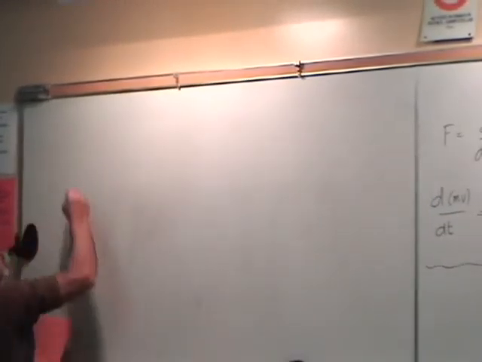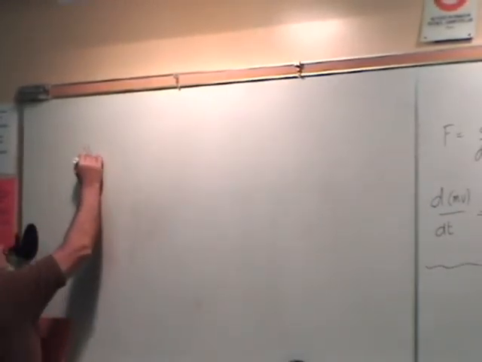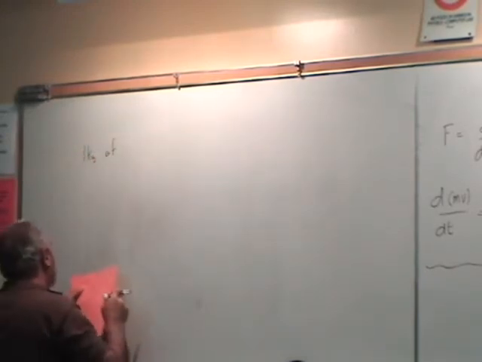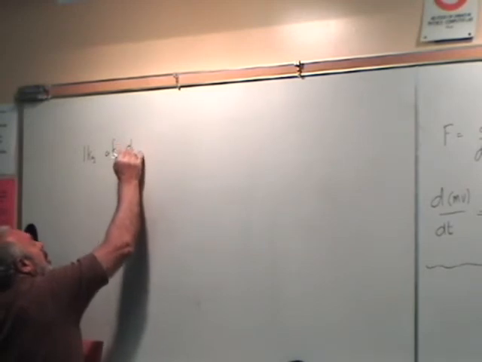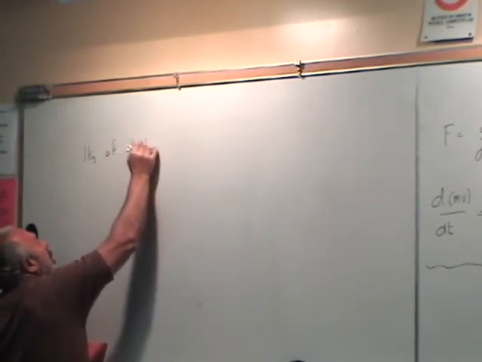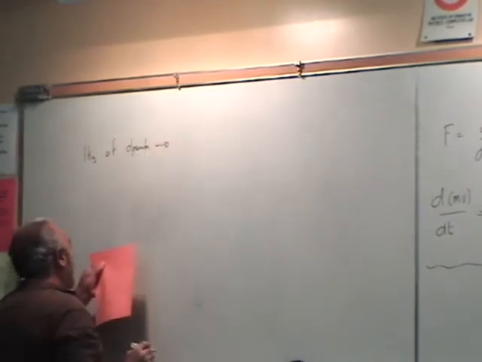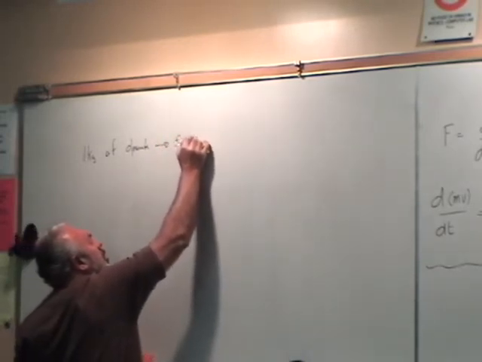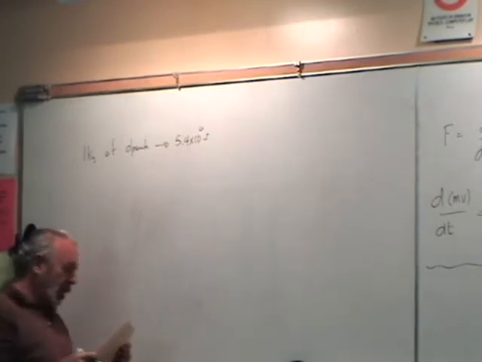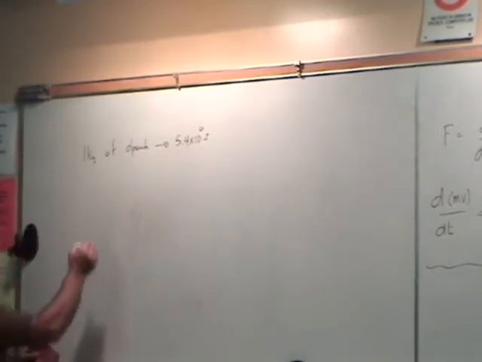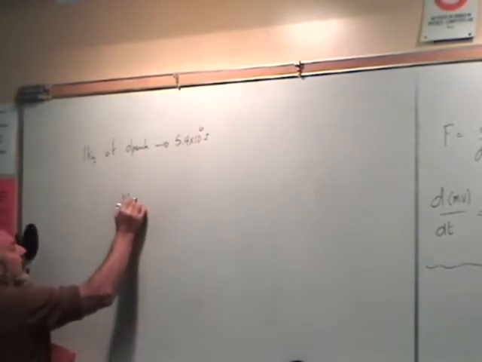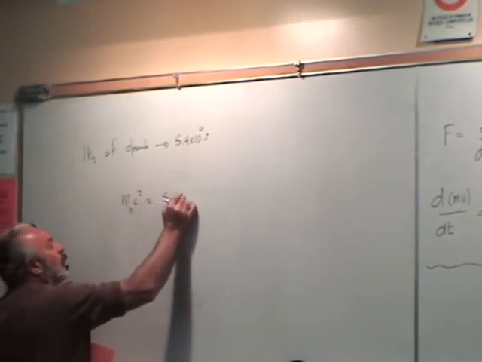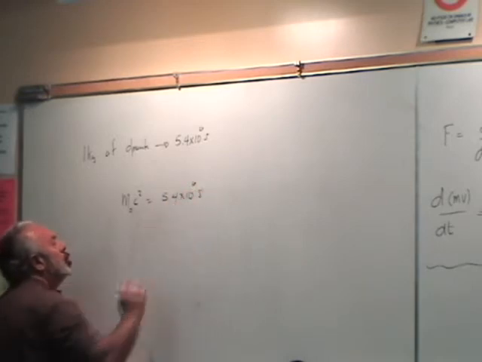So, let's put on the board here what's going on. That is 1 kg of dynamite. 5.4 times 10 to the 6 joules of energy are released. So we ask, m naught c squared equals 5.4 times 10 to the 6 joules.